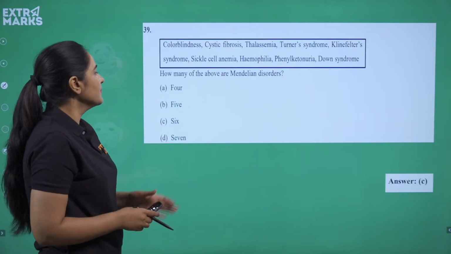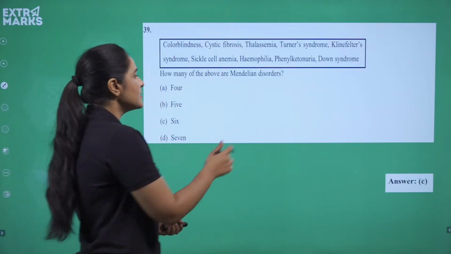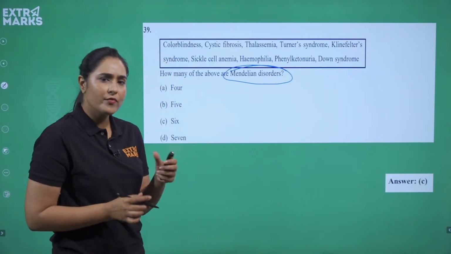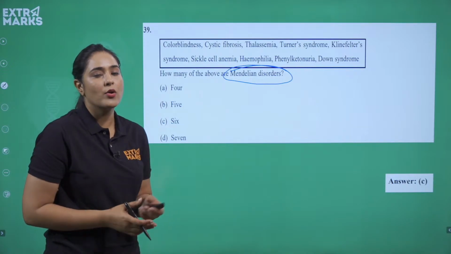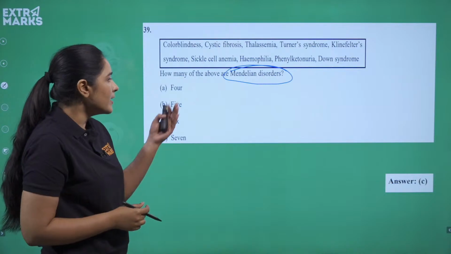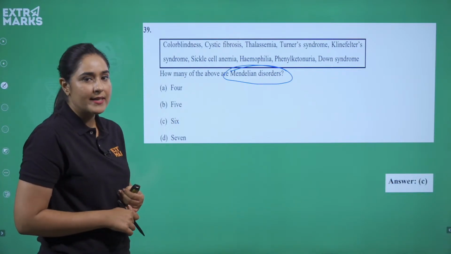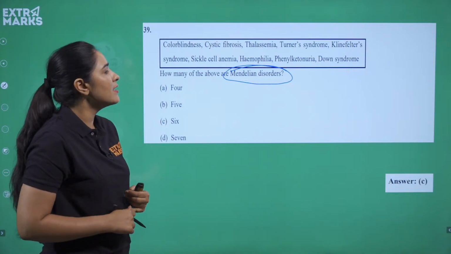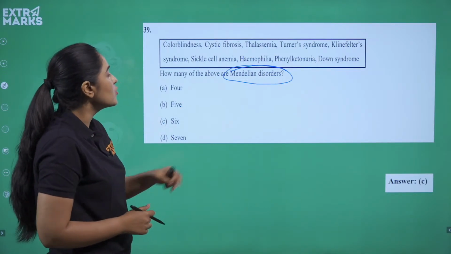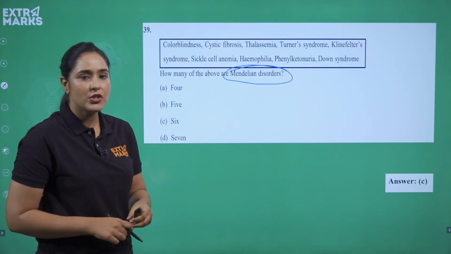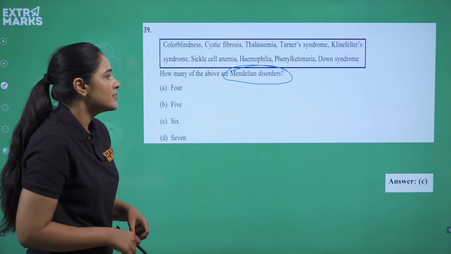Another question, how many of the above are Mendelian disorders? Mendelian disorders are those which follow the inheritance laws given by Mendel. So how many of the above are Mendelian disorders? Color blindness, cystic fibrosis, thalassemia, Turner syndrome, Klinefelter syndrome, sickle cell anemia, hemophilia, phenylketonuria, and Down syndrome.